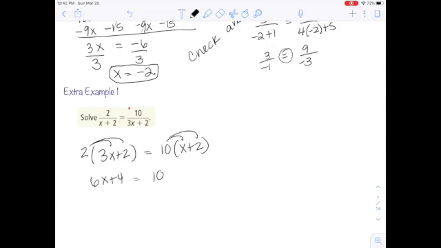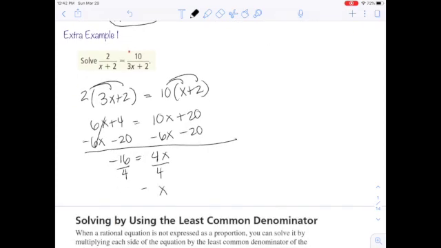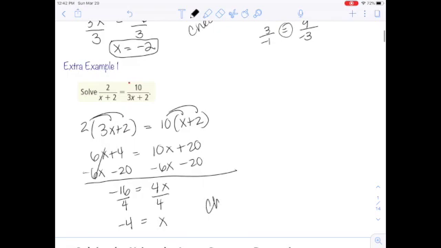You get 6x plus 4 is equal to 10x plus 20. Subtract your 6x to get both x's on the same side. Subtract your 20, kick them out. You're left with -16 is equal to 4x, and divide both sides by 4. And you got x is equal to -4.